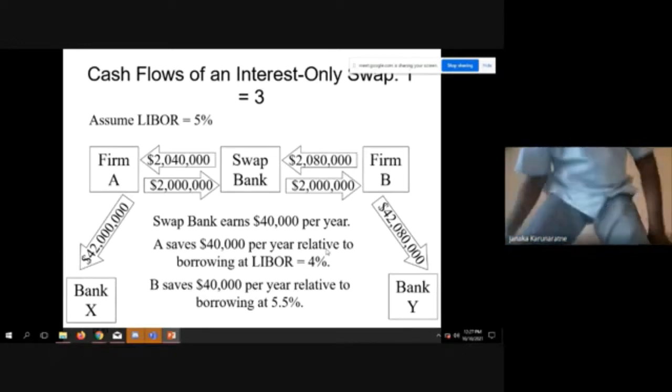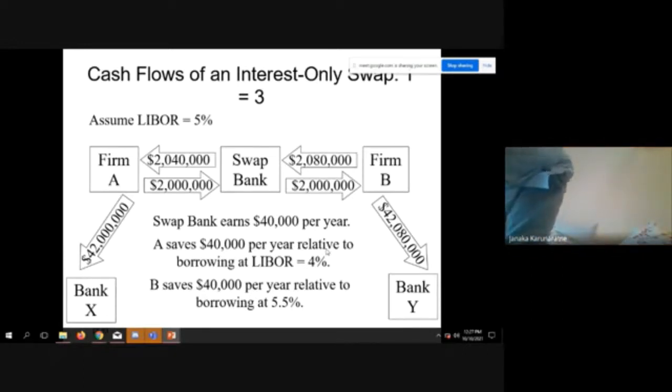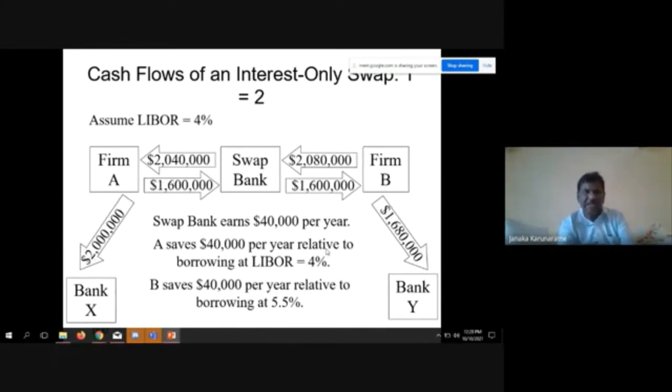We are comfortable because even with the interest rate at 3% after 1 year, LIBOR 4%, LIBOR 5%, our position is very clear.